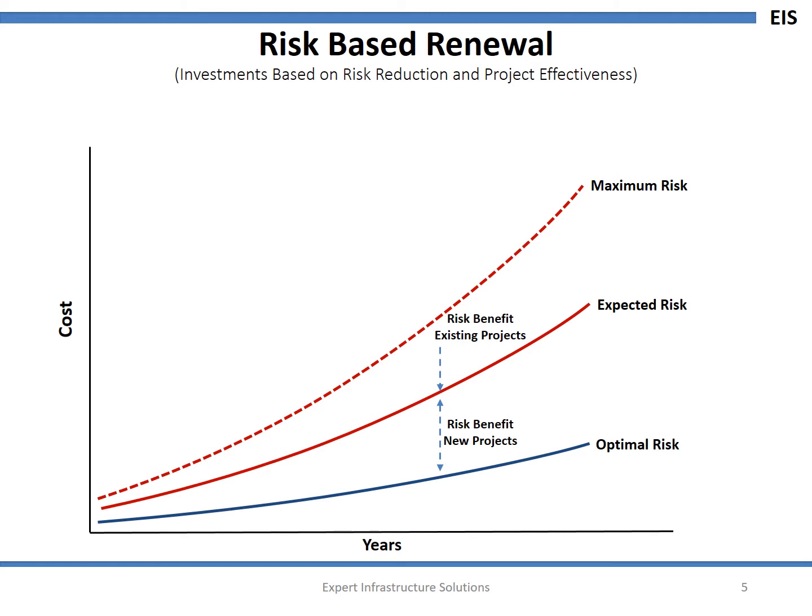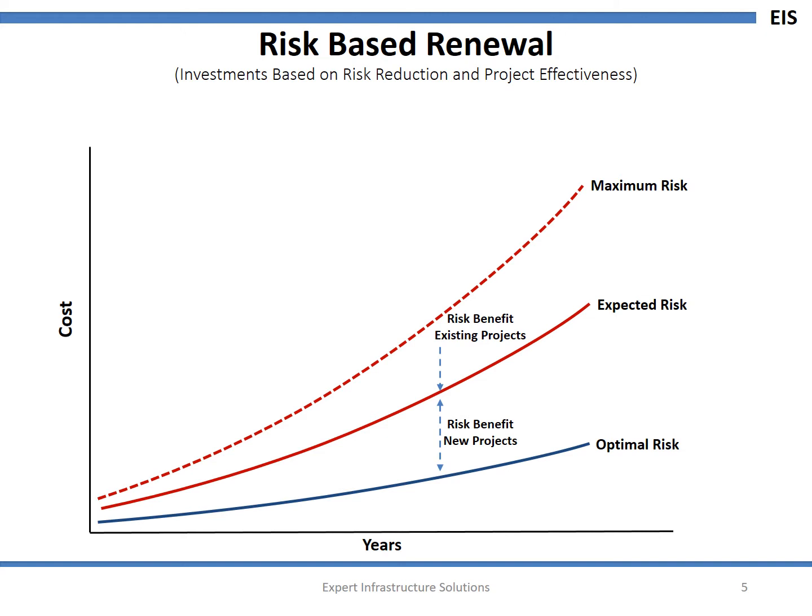Let's take a look at this a little further. Asset renewal projects include the numerous options that are available to assess, repair, rehab, and replace an asset. So from a risk standpoint, taking a look at this graphic in the solid red expected risk curve, these projects move the risk curve towards optimal risk, or they keep the curve from shifting to a higher risk scenario.